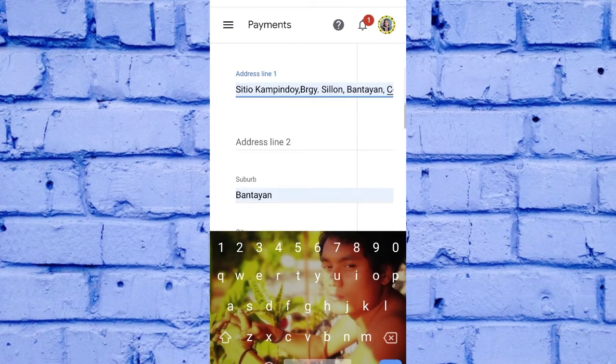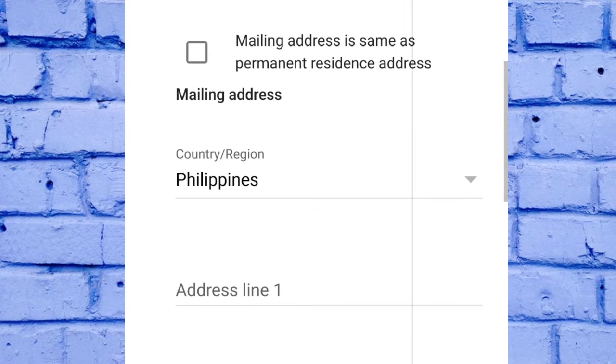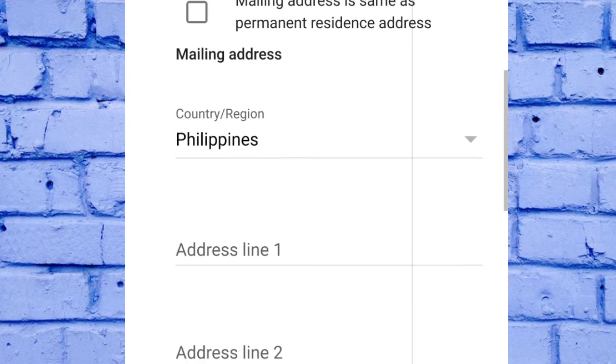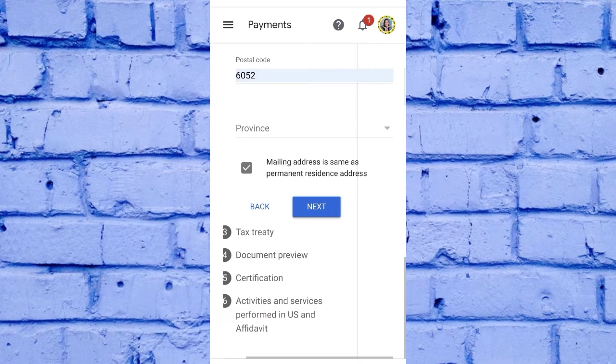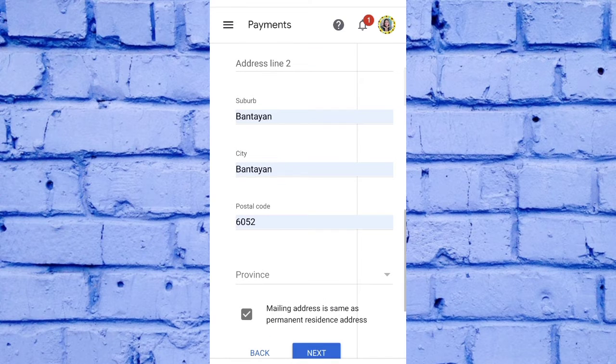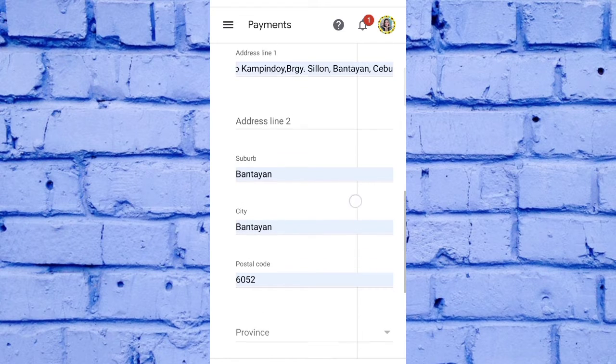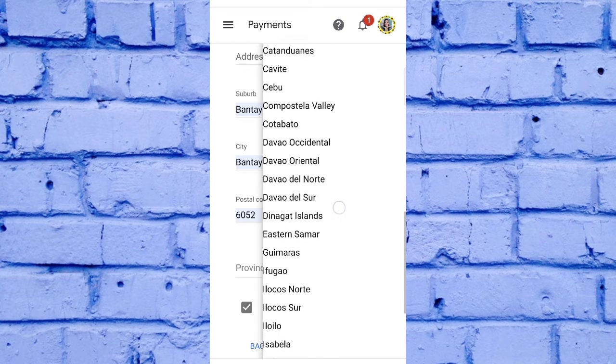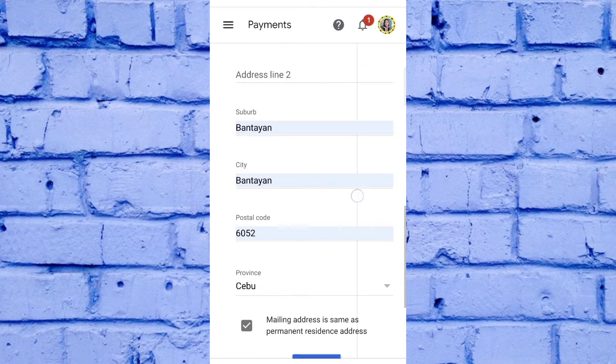Nasa automatic na siya nag-update. So, mailing address is the same as permanent resident address. So, check na lang natin yan. Then, province is Cebu. Check natin yan.